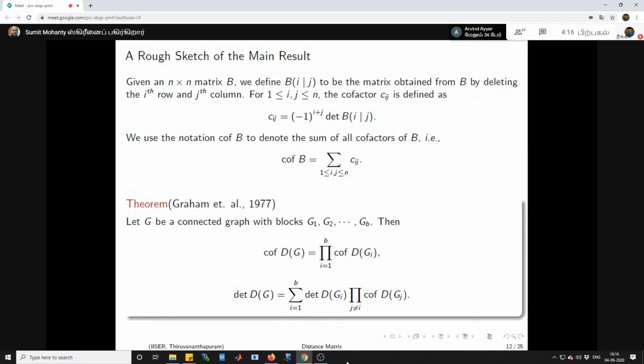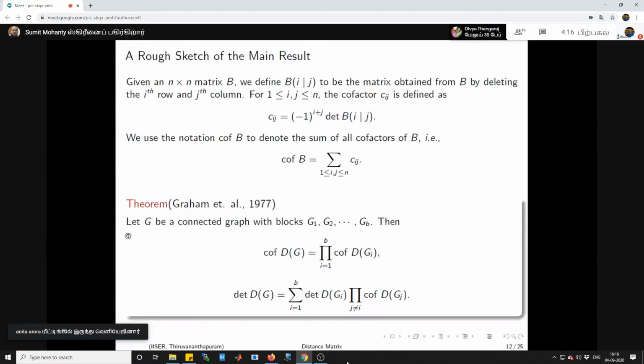You don't need to worry about how the graph looks. If you know the cofactor and determinant of the individual blocks, then you can find the cofactor and determinant of the full graph. So in our case, since each block is a complete multipartite graph, the problem reduces to computing the cofactor and determinant for a complete multipartite graph, for the case of determinant.